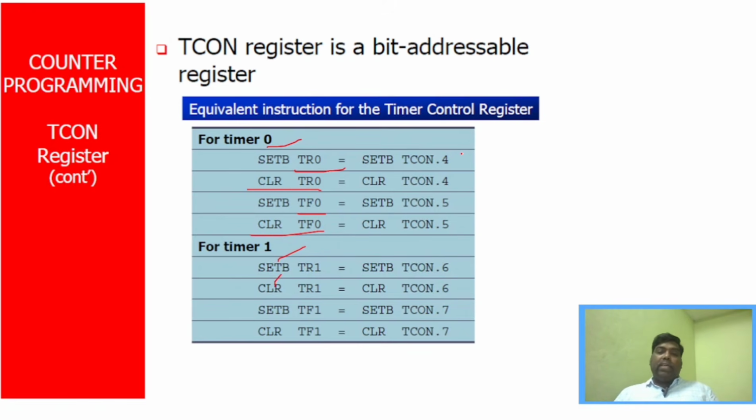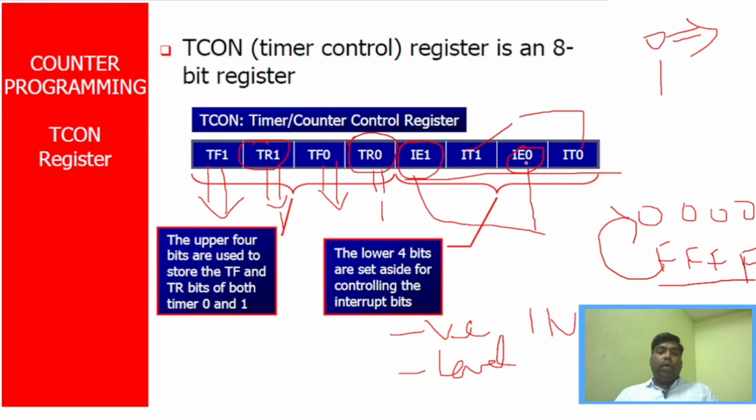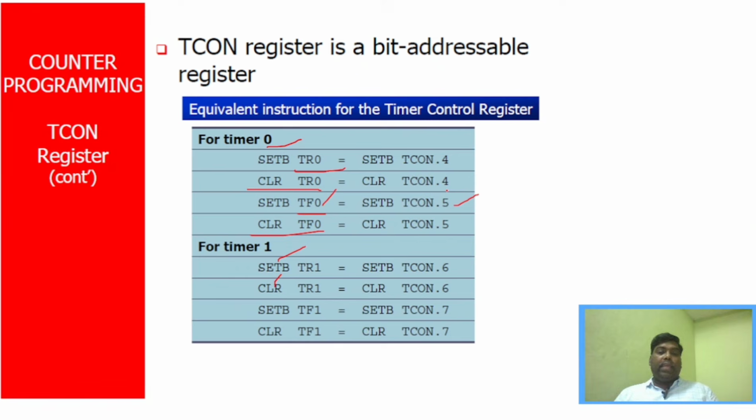And these are the numbers to understand: when we have to set TF0, we have to use TCON.5, which is nothing but counting 0, 1, 2, 3, 4, 5, 6, 7. So these are the numbers represented here. The corresponding bit TCON.4 represents TR0, and similarly TCON.5 represents TF0.